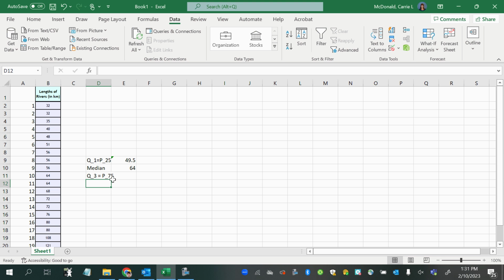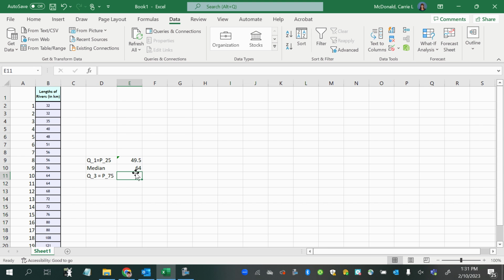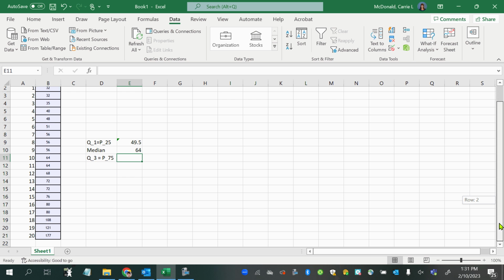Right, so the Q3, the third quartile, is the divider right in the middle of the top 50% of the data. So if you take these top 50% right here, that's 10 values. We want to be between the 15th and 16th values. So we're going to average those two up.